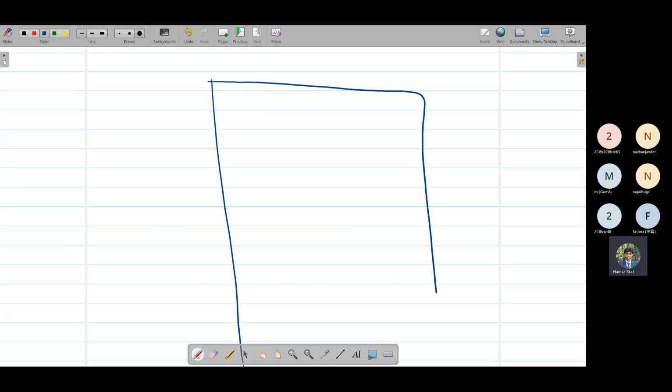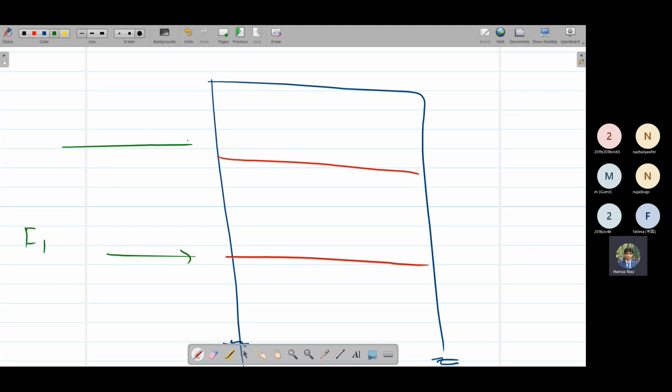For example, this is our first story, this is our second story and third story. F1 is acting, second F2, and third F3. This would cause our building to sway, to bend like this.